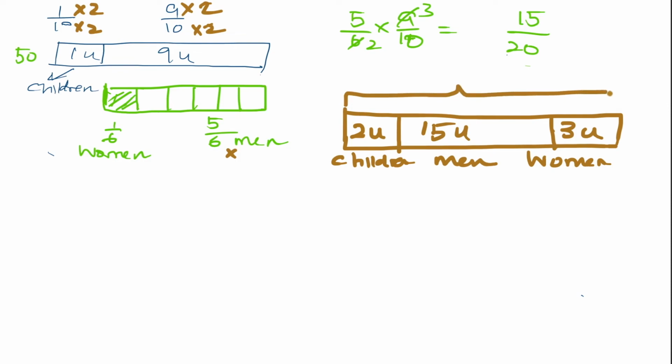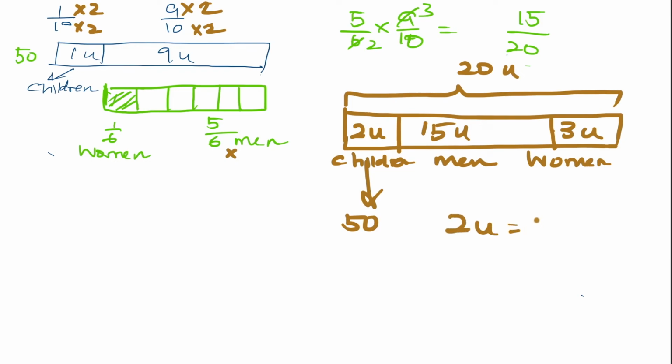So now it's asking you what will be the number of men that watch. And you know that here says that 50 children are watching. So here 2 units is actually equal to 50 children.